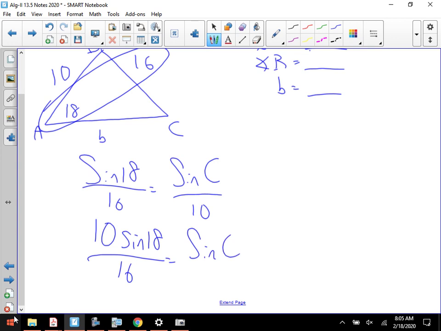So at this point here, you're right, you'll have to use the inverse to get to the angle. So what you want to start with is just your 10 sine 18. 10 sine 18 divided by 16, hit enter. And now that decimal equals the sine of C. So you have to do your second sine of your answer. And I get 11.14.